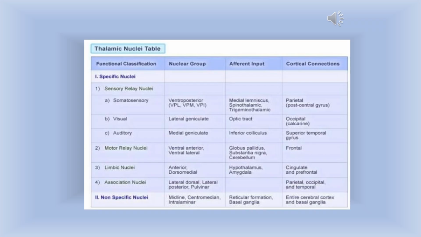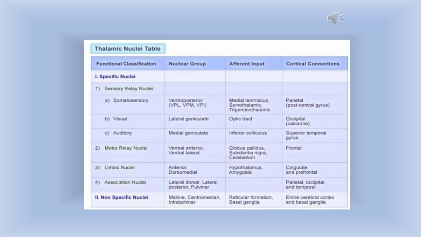So 1A there, somatosensory, that is our sense of touch. We perceive the sense of touch in the post-central gyrus of the parietal lobes. So that area is called the somatosensory cortex.